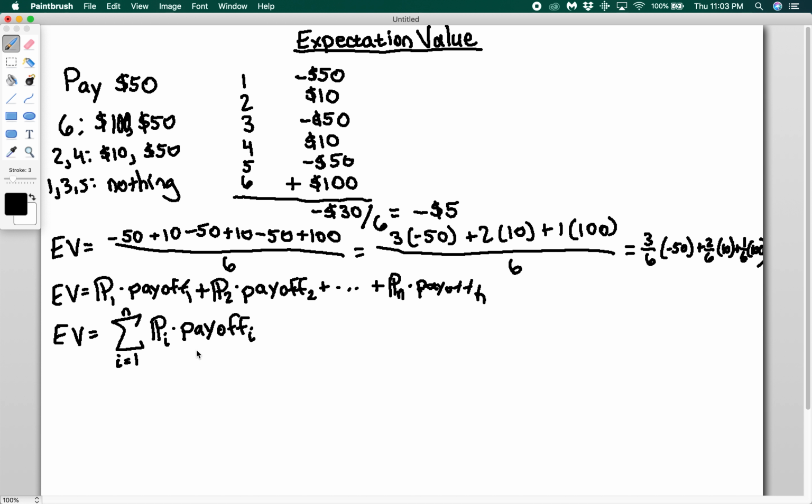Okay. Now, if you haven't seen this notation before, that's okay. All this notation means is you are basically plugging in the value of i first, so 1. And then after you do that, you add to that 1 plus 1. So then you have 2, and then 3, and then 4. And you keep going until you hit whatever n is.